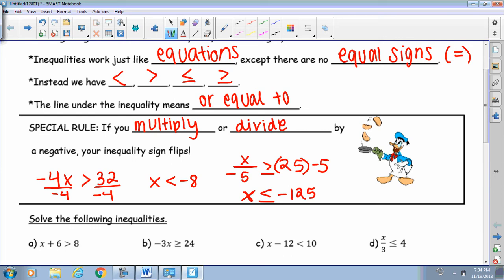Now you have to be careful, because if you have one like 4x is less than negative 32, we don't have to flip the sign because we didn't multiply or divide by a negative number. The number attached to the x wasn't negative, so we don't have to flip the sign, like the one down here in blue.